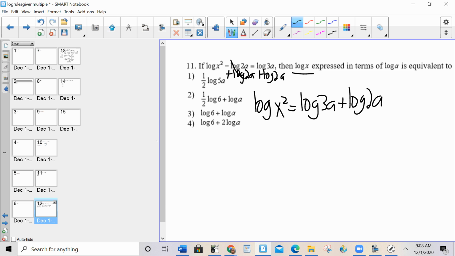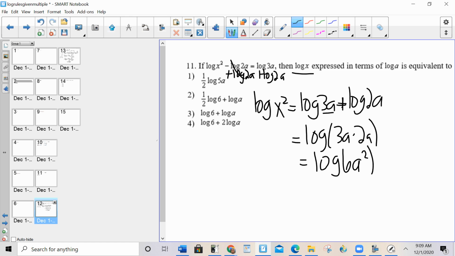Now, I want to make this into a single log on the right-hand side. So a plus becomes multiplication. So it becomes log of 3a times 2a, which is log 6a squared.